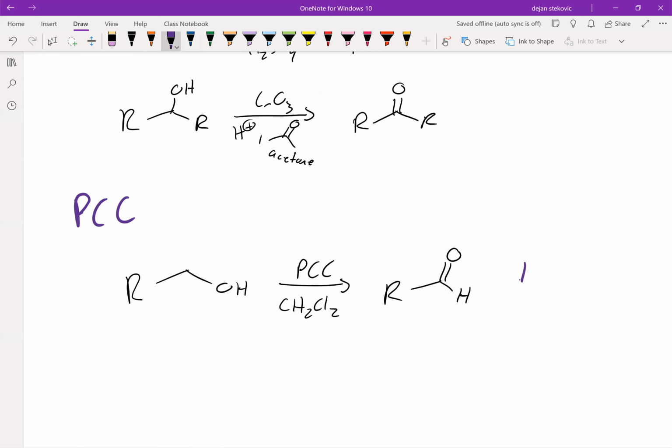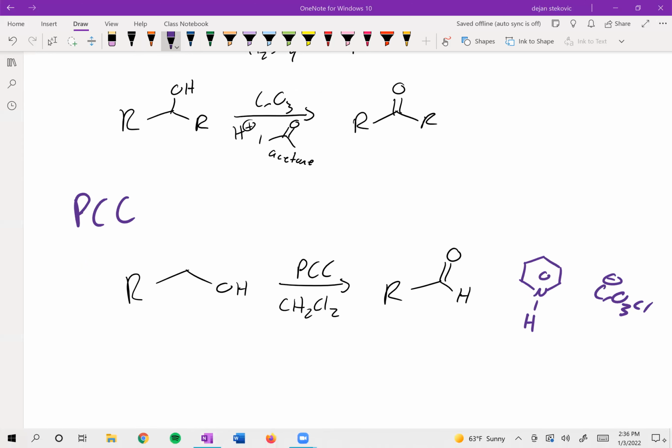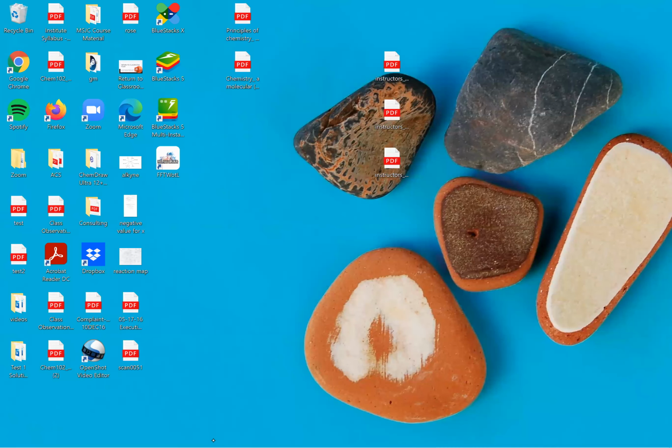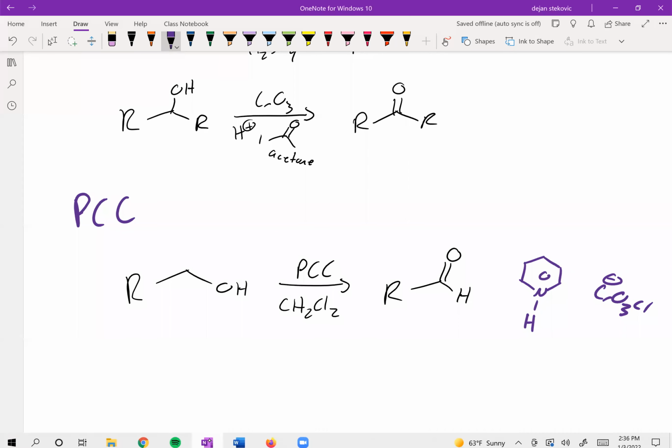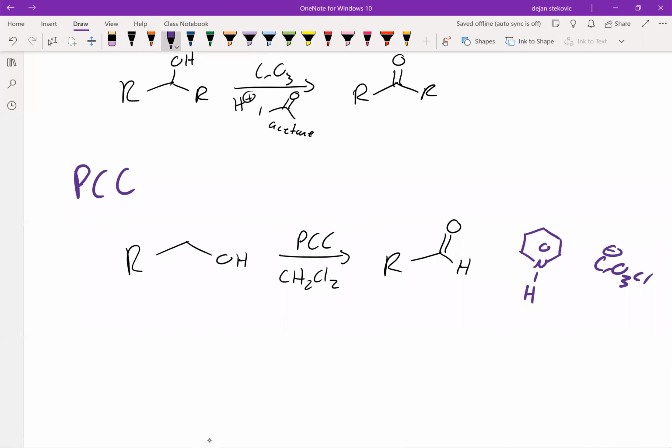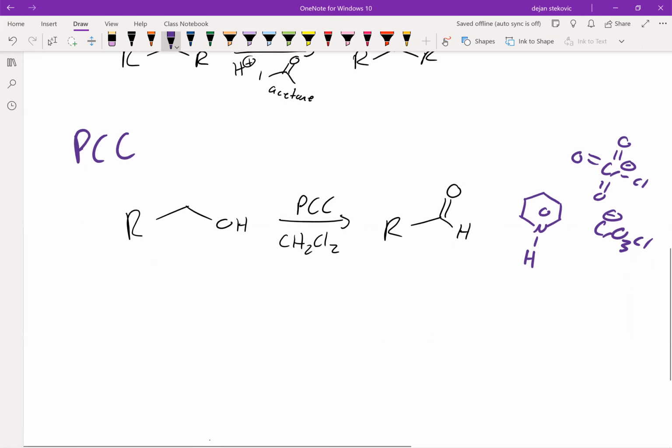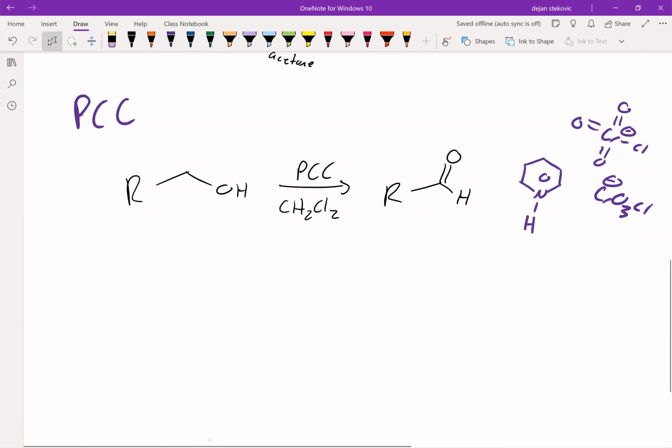So it's a protonated pyridine, and then CrO3Cl with a negative charge on the chromium. Again, that stops at the aldehyde.